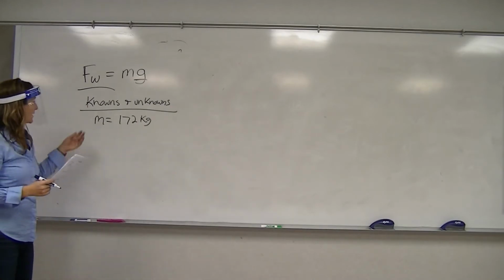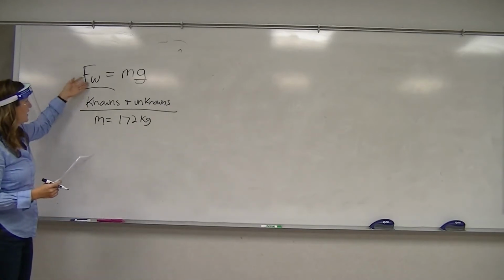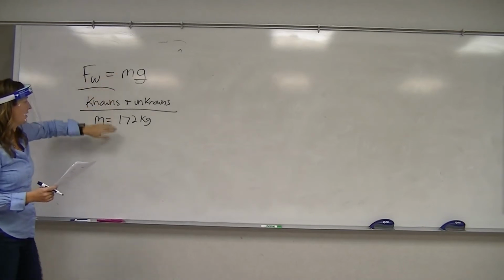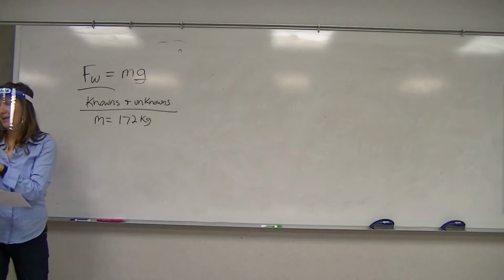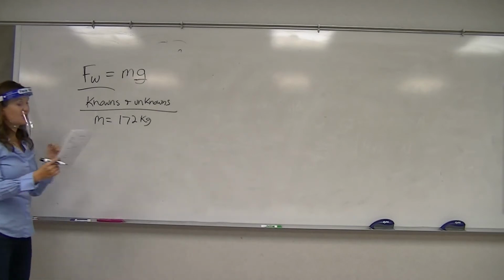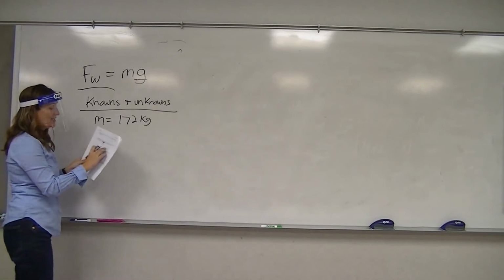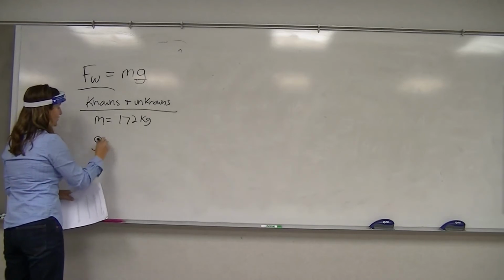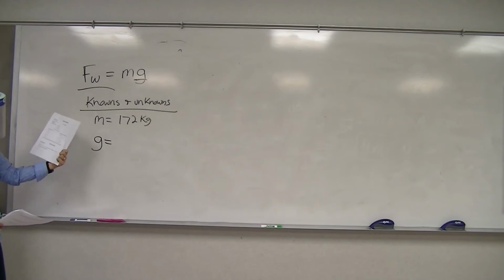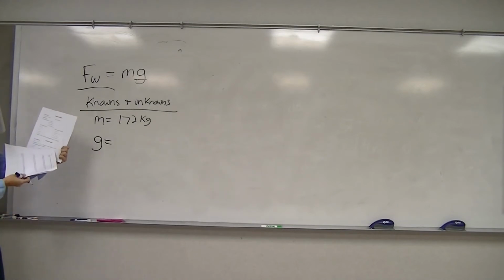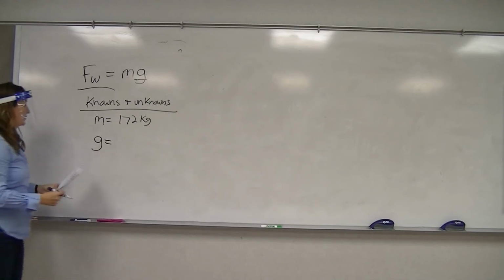But when we calculate his weight, we're looking at a force, the weight force. We're using this equation. We know the mass. It's the gravity that is dependent upon where he is. And for this specific problem, we said he's on the moon. Gravity on the moon, you can also find that on your equation sheet, is 1.6 meters per second squared.